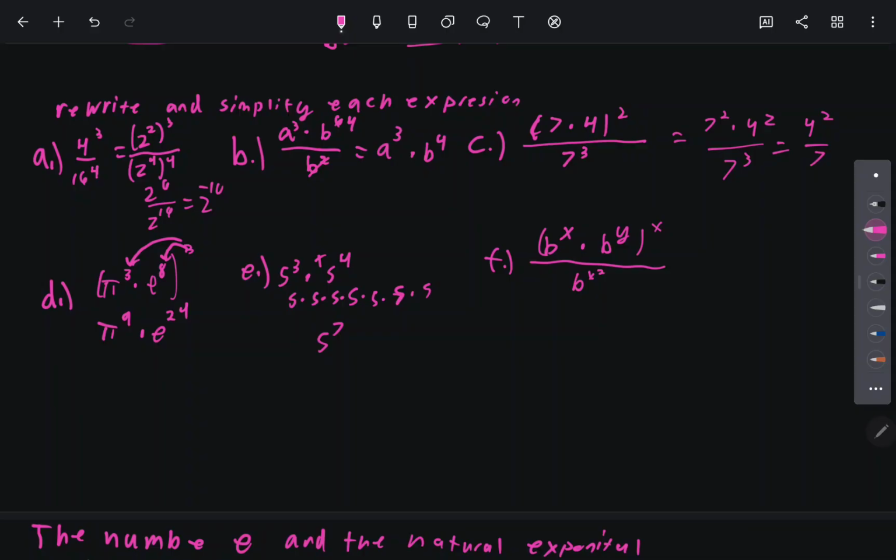So to start out, let's call this top part bx plus y all over bx squared. That's raised to the x. So I can distribute that, so we'd get bx squared plus xy all over bx squared.